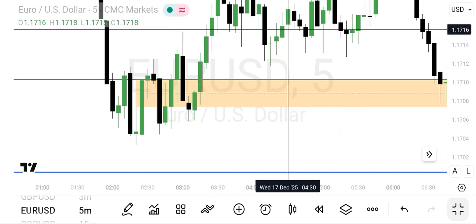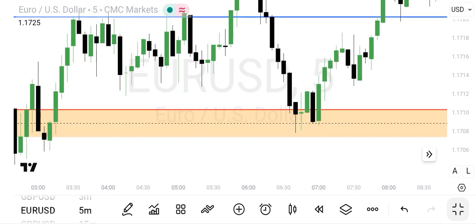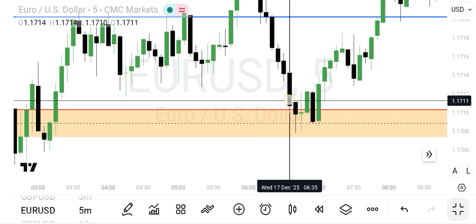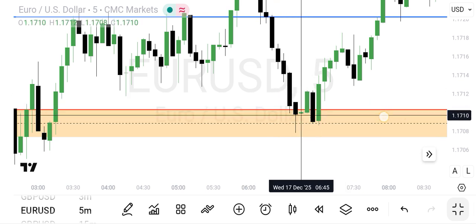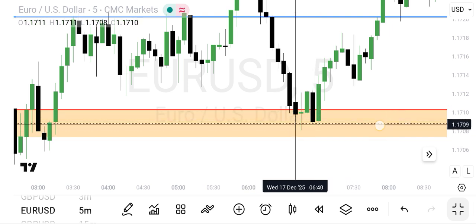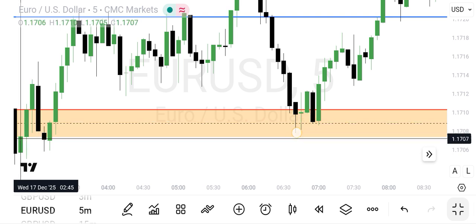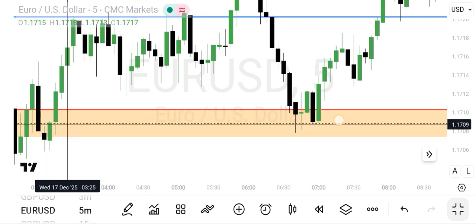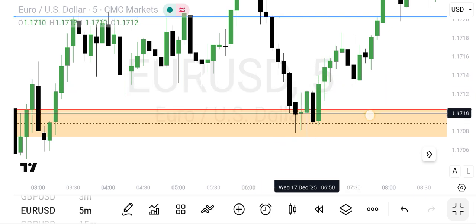Consolidated around here. Look what happened. It came again during New York session and dug into the same gap that was formed during London session. And at the market structure where it shifted to the upside, it came and utilized the same gap.